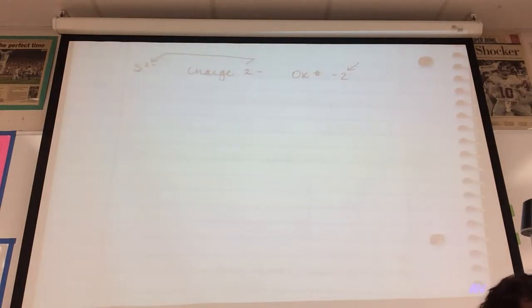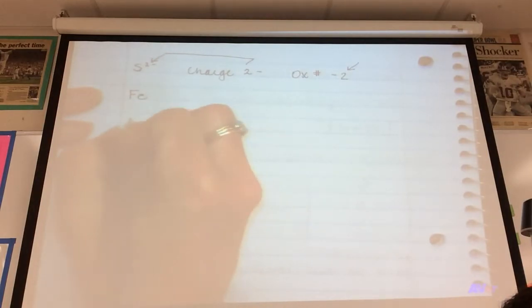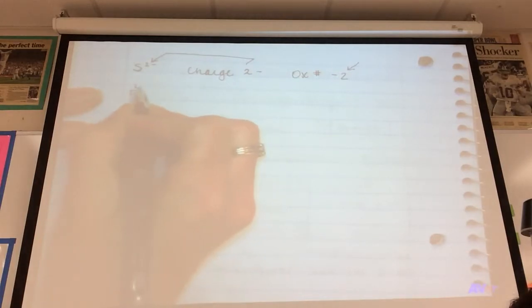It's a number that's assigned to either an ion, a free element, all the atoms in a compound. For example, if you had a free element that is an element on the periodic table, or a diatomic element, this is going to have an oxidation number of 0.